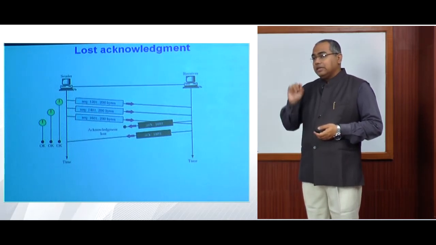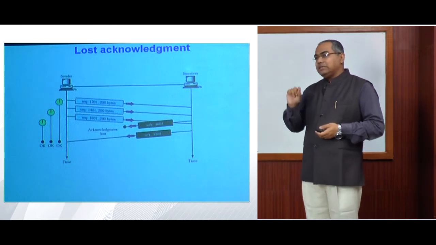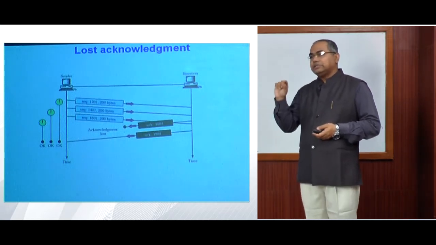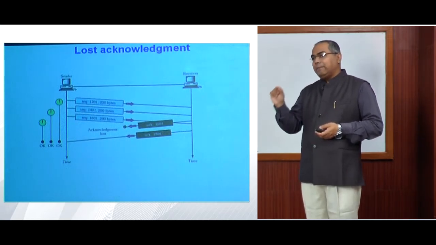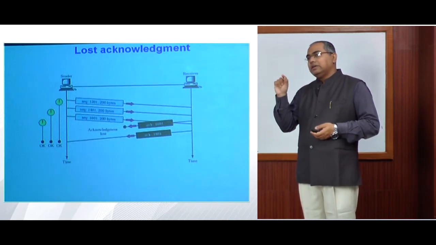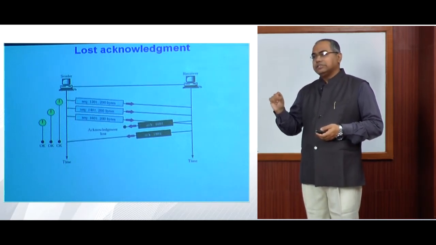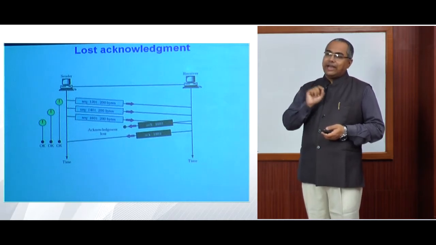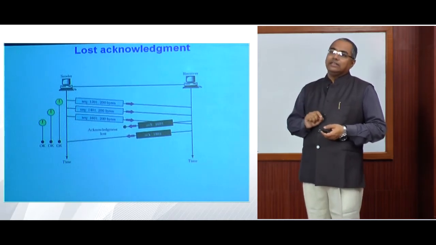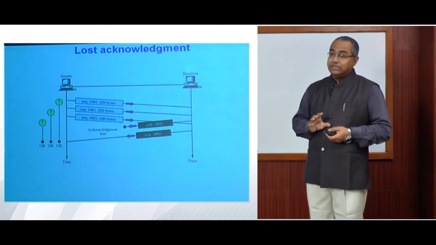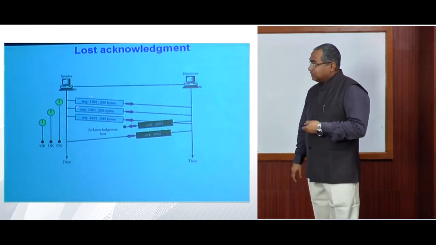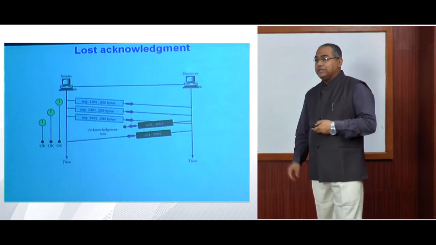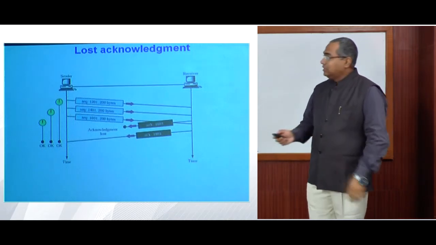I repeat, anything and everything have been received by receiver TCP till byte number 1800. That is why it has sent the acknowledgement number 1801. Now what does it tell you? It tells you that acknowledgement of TCP is cumulative in nature.